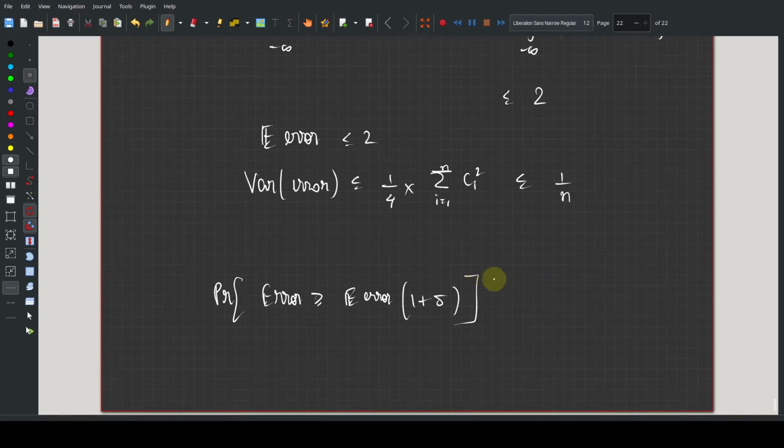Right? So if I now use the Chebyshev inequality, what is this less than or equal to? It's the variance divided by the expected value of the error square times delta square. So it is 1 by delta square times n, maybe with some constant.